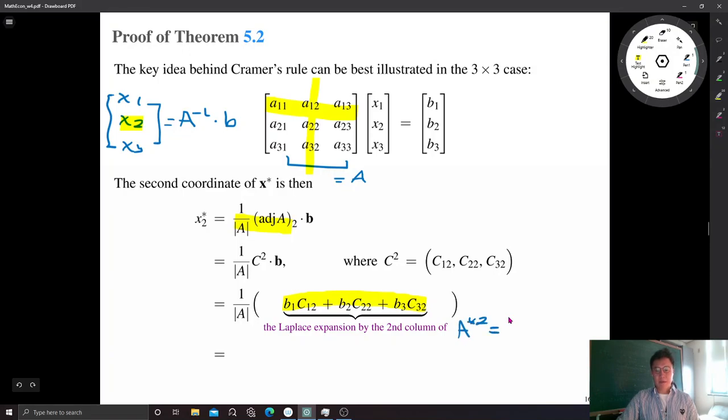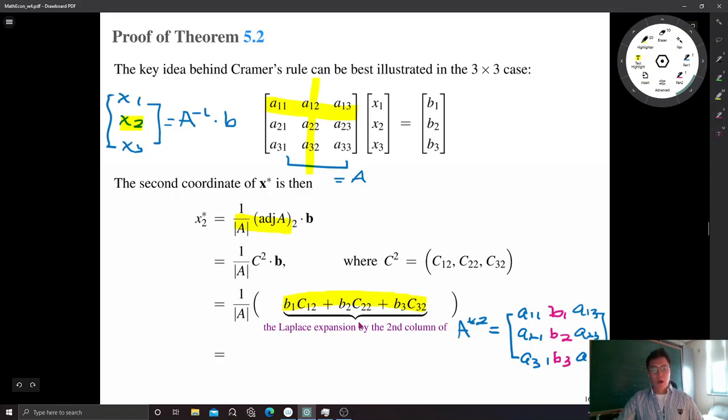Because A star 2 is, we leave the first and third columns alone in the matrix A, and we replace the second column by the parameter matrix, right?